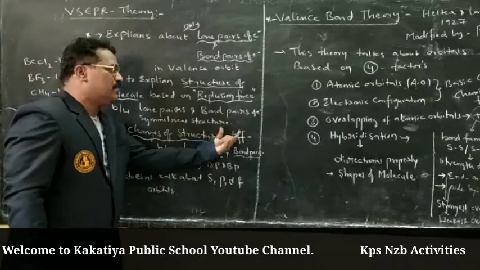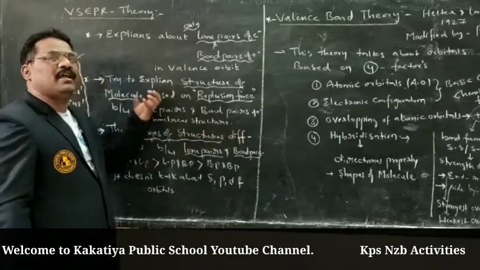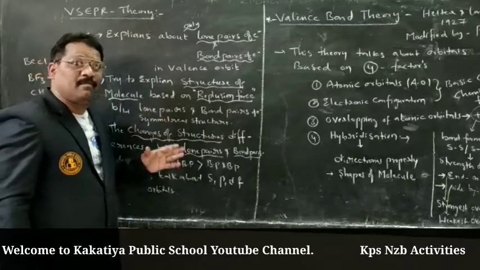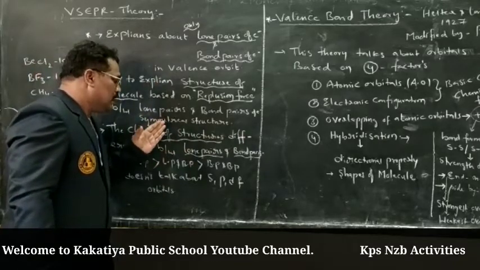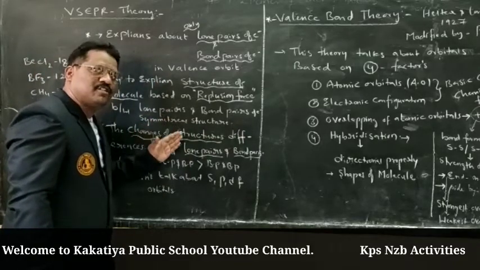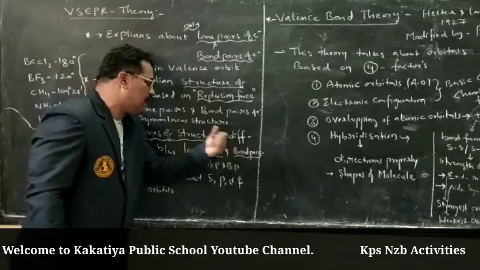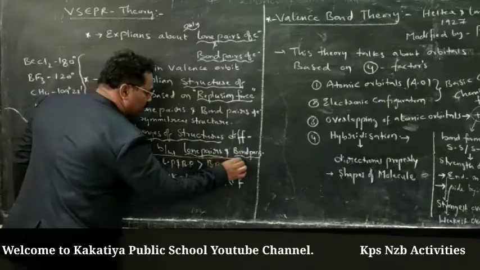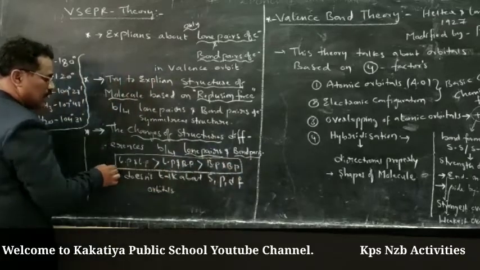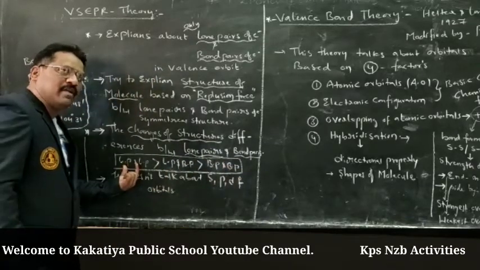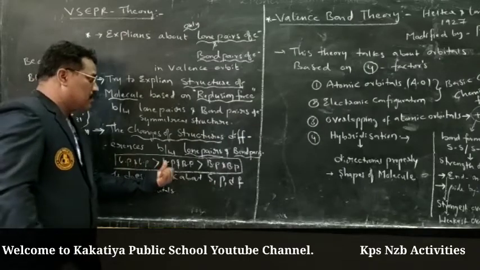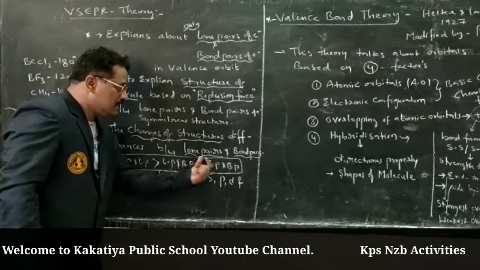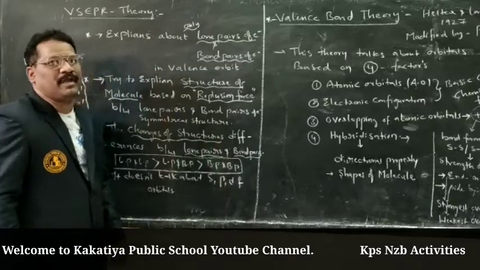The changes of structure can be clearly explained, since it is attained based upon the repulsion force between lone pairs as well as bond pairs. Between lone pair and lone pair, there will be more repulsion than between lone pair and bond pair, and than between bond pair and bond pair.